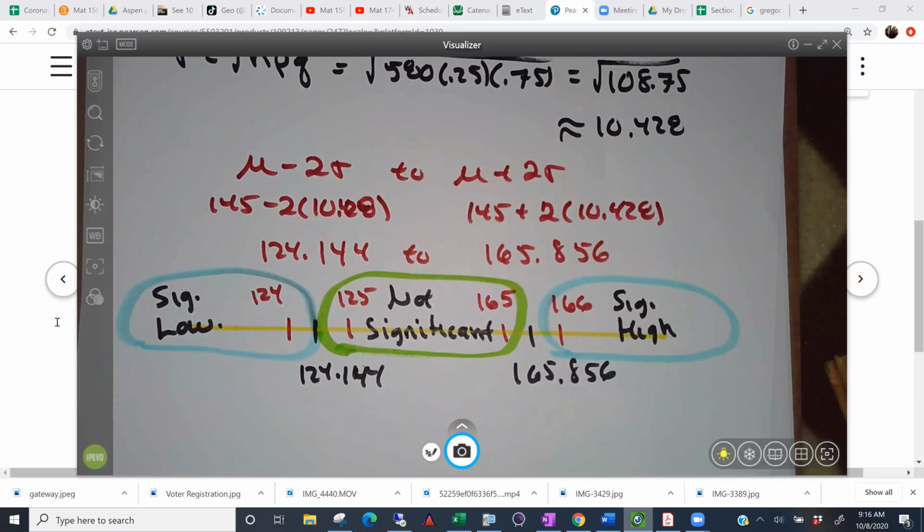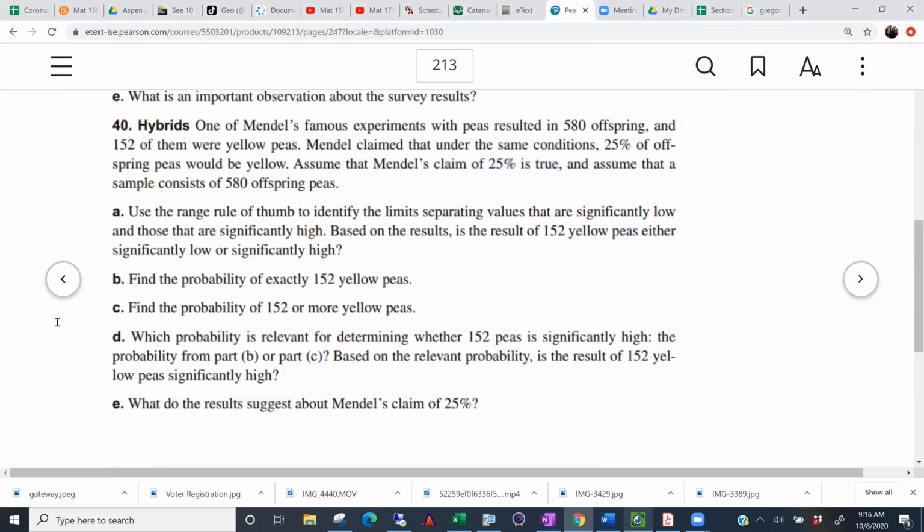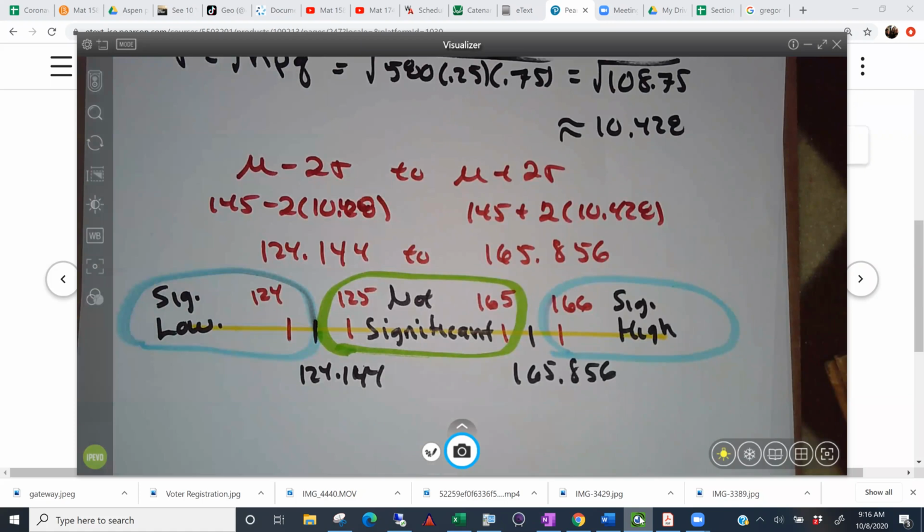All right. So there are some more parts to this problem. Let's take a look at it. Part B says, find the probability of exactly 152 peas. By the way, I guess there was a little more to part A. Is the result of 152 peas either significantly high or significantly low? Well, what do you think? Where does 152 peas fall? Not significant.